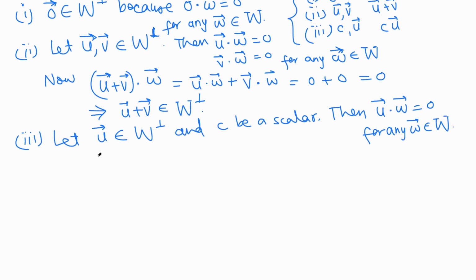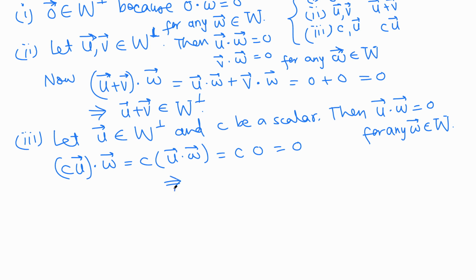To show c times u in W perp, we take cu dot inner product with vector w, and by one of the properties of inner product, this c can be taken out, c times u dot w. Now u dot w is 0 because u is coming from W perp and w is coming from W. And this is the number 0, so a constant times 0 is 0.